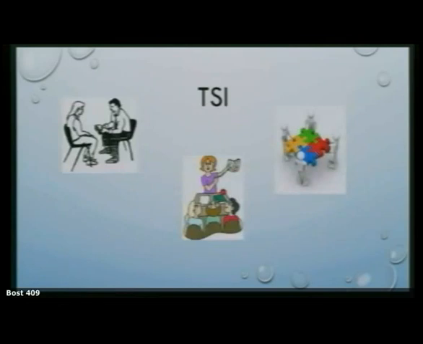TSI. T stands for what's occurring here. You're telling someone something. They're sitting down, you're communicating to them. That's telling someone something. Just like I am with you right now.